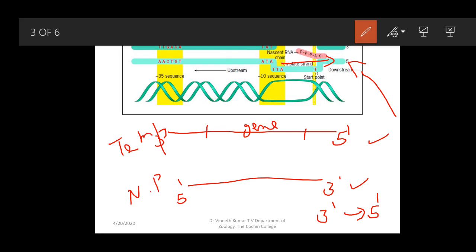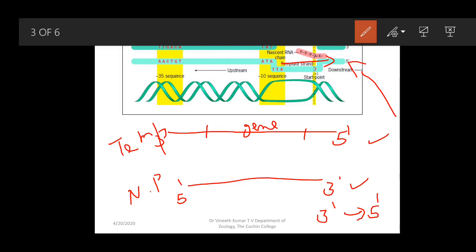These strands are also given other terminologies: they are also called antisense and sense strand. We'll discuss why these are called antisense and sense strand. First we'll take the case of the sense strand. A sense strand is a strand which is similar to a sense RNA, which is nothing but the mRNA.